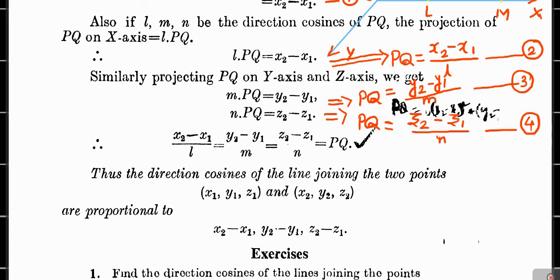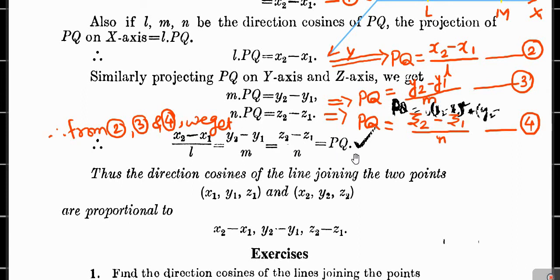Now from relations 2, 3 and 4, from these three equations we get (x2 minus x1) by L equal to (y2 minus y1) by M equal to (z2 minus z1) by N, which is equal to PQ.